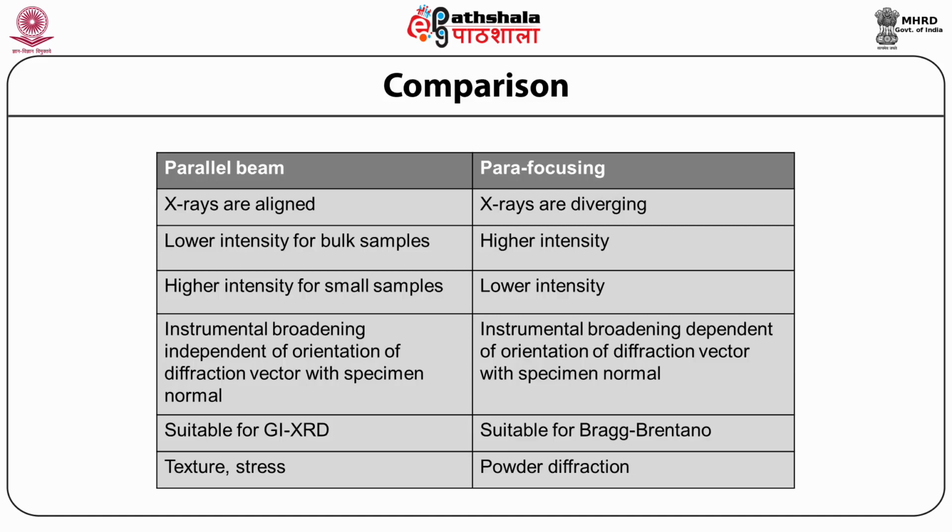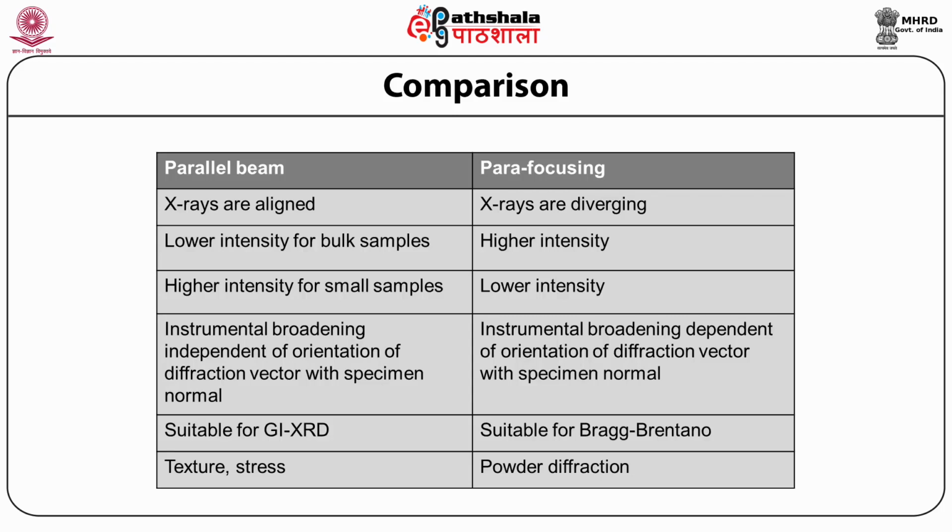There are three types of beam profile as shown in the figure: parallel beam, parafocusing, and point focusing. Now about the parallel beam. X-rays are aligned. They are lower in intensity for bulk samples. They have higher intensity for small samples.